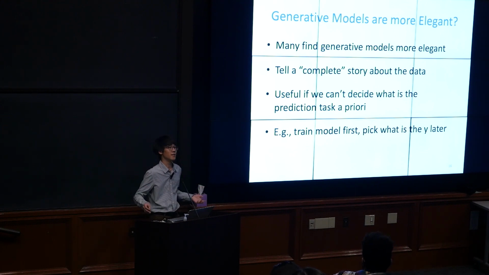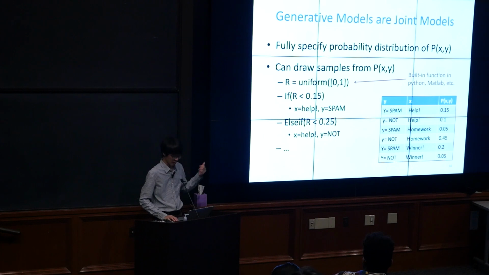It understands the data better because it's learning this joint probability space, and so you can really mess with it.